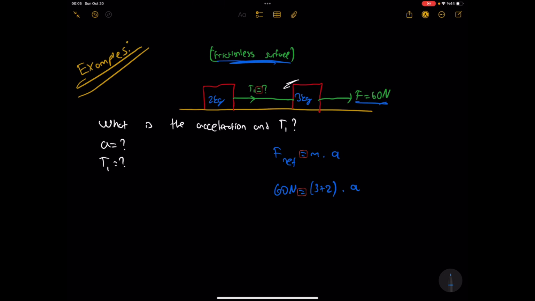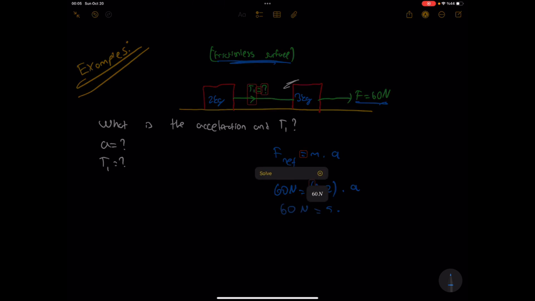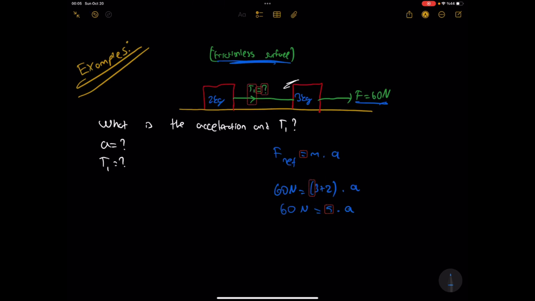We think of them as connected to each other, and that way we can solve the question. So 60 newtons equals 5 times a, which means a is 12 meters per second squared. So we just found that a is 12.